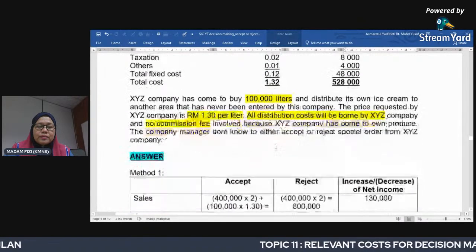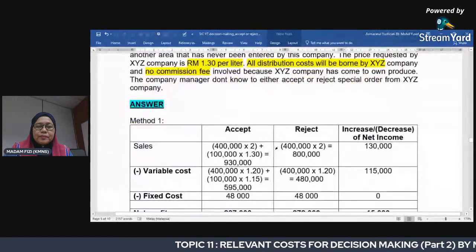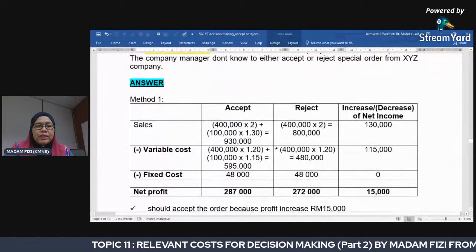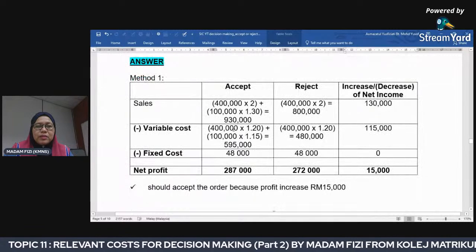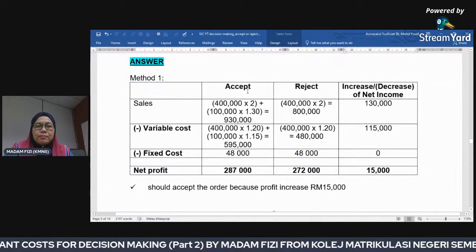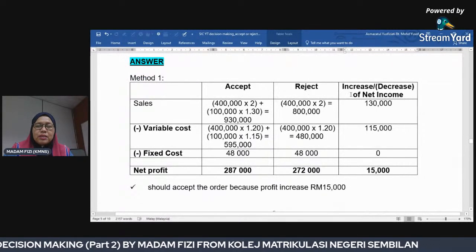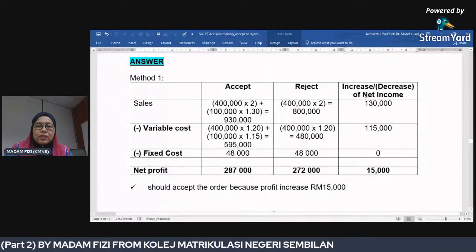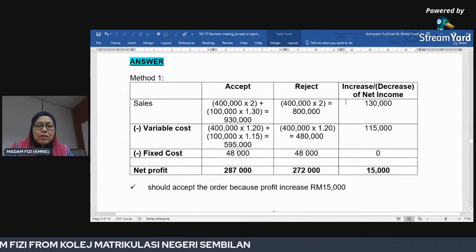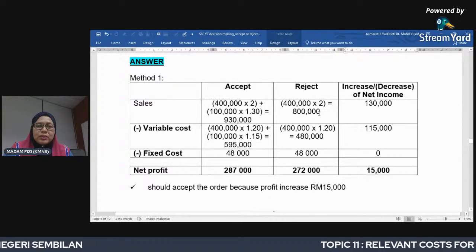Okay, so we look at the answer. Okay, for method 1, accept or reject, and then you make the column increase or decrease of net income. Okay, if we reject, the sales is 800,000.